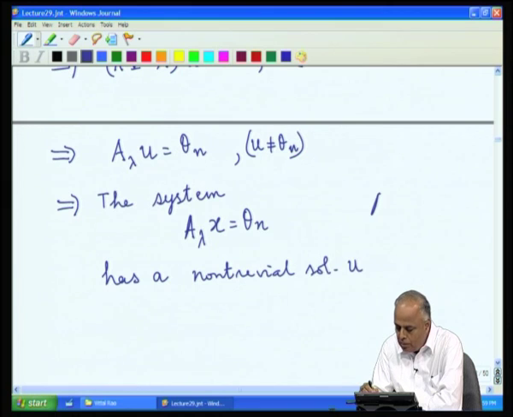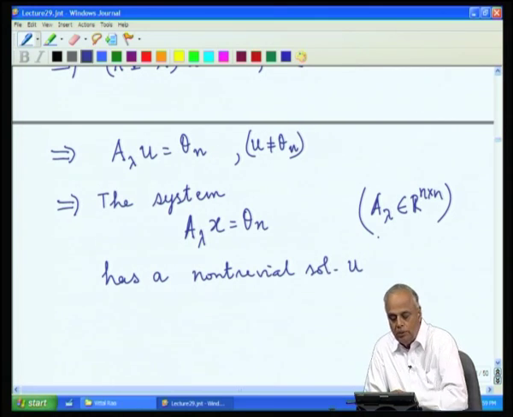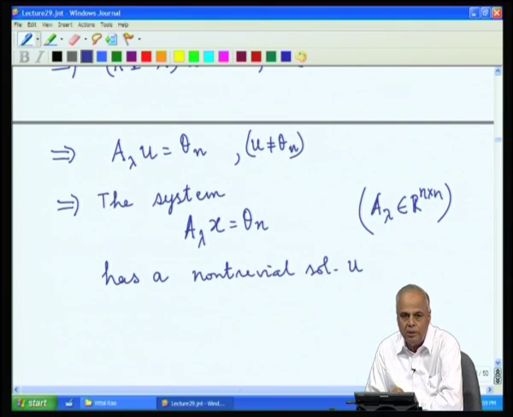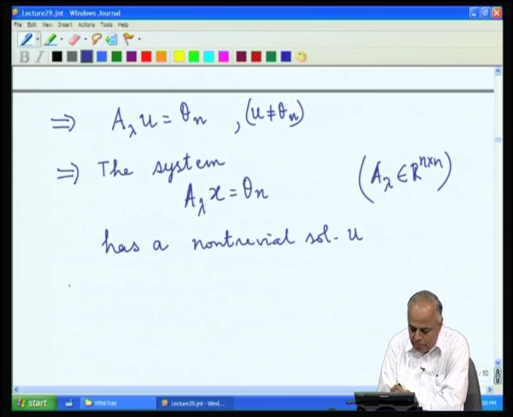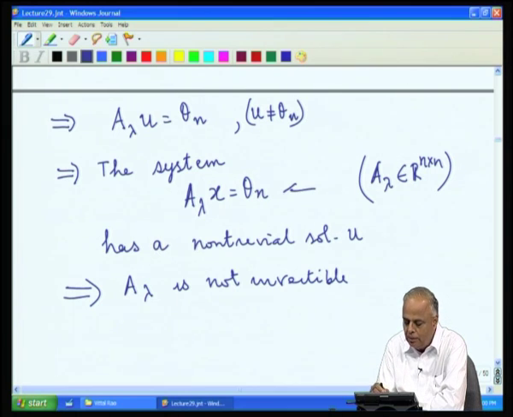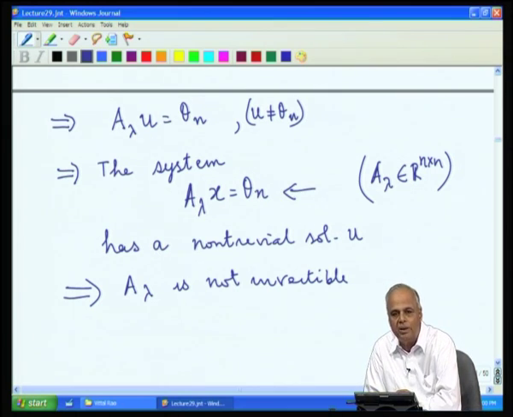Now, since A is real, lambda is real, and I is real, A lambda is also a real n by n matrix. So, this is a homogeneous system whose matrix is A lambda, and it has a non-trivial solution u. This immediately tells us that A lambda is not invertible, because if A lambda were invertible, this system would have x equal to A lambda inverse theta, which is 0.